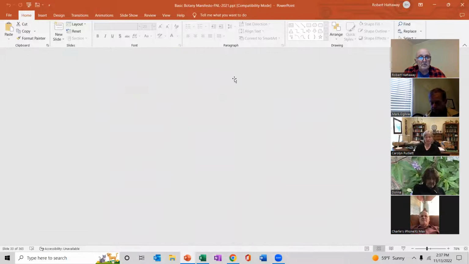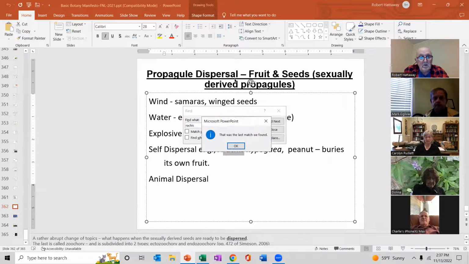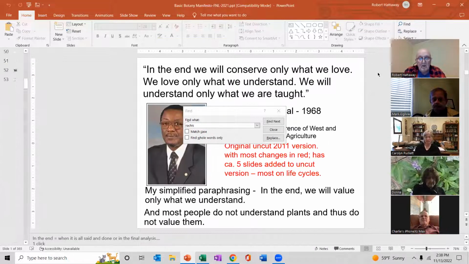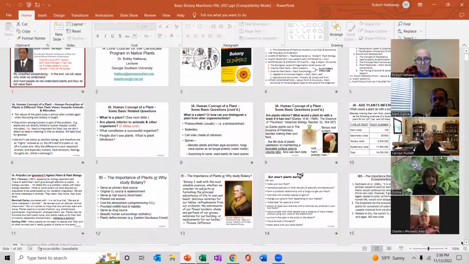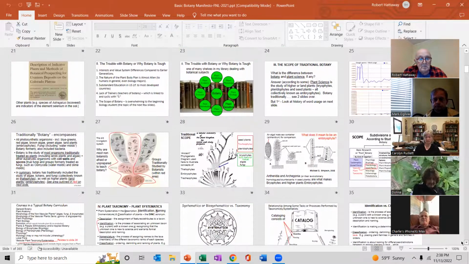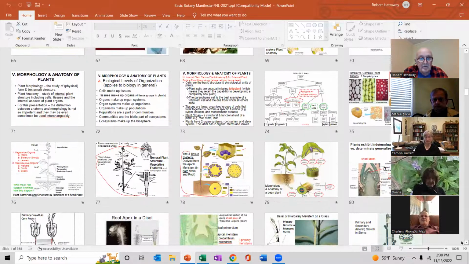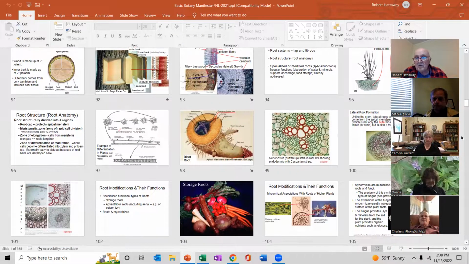In fact, it might be the best way to find it is to search rachis. Oops, no, that didn't show. I'm shocked at that. Maybe because it's in a graphic. All right, let me see. No, they're all this introductory stuff. Morphology, anatomy, plants. I'm in the roots.